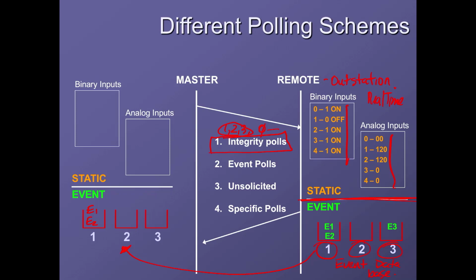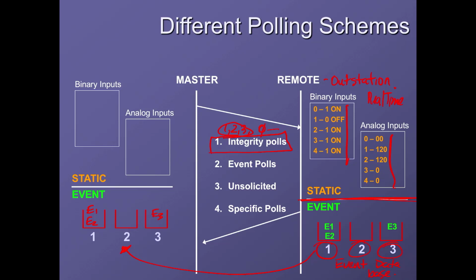Now remember, there was no class 2 events, but there was a class 3 event. So all of that information is being reported back to the master, and then now the master is going to populate its event server with the values from that specific outstation because of the integrity poll.